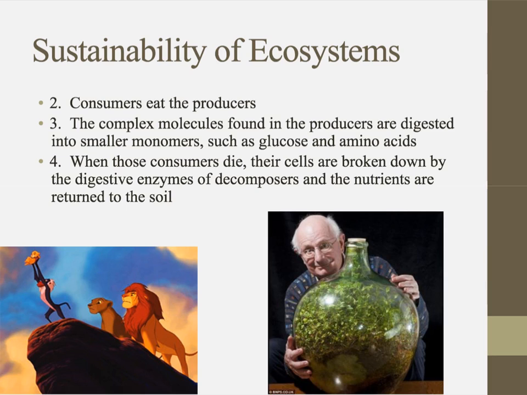Consumers, there's probably bacteria, maybe some small insects in here, are eating those producers. When those consumers die, they're being broken down by bacteria and other decomposers in the soil. So the nutrients that are stuck in those consumers return to the soil. The producers reabsorb them again, and this cycle continues over long periods of time.